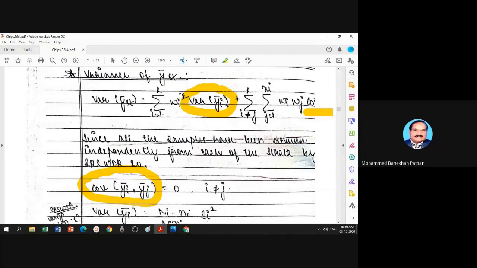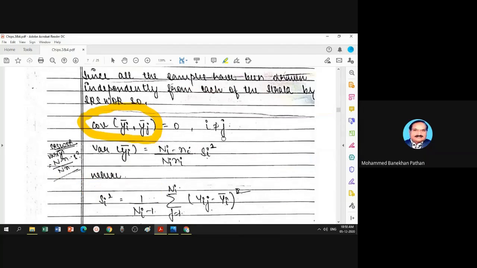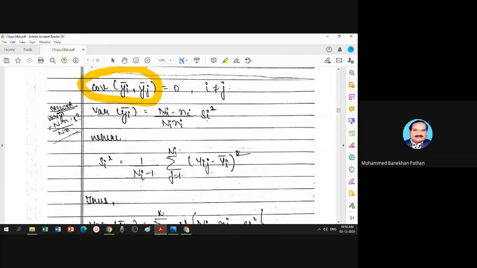So variance of y bar i dot equals (Ni minus ni) divided by Ni into ni times Si square. Look here, this is the formula from the previous chapter: variance of y bar equals (N minus n) divided by N into n times S square.